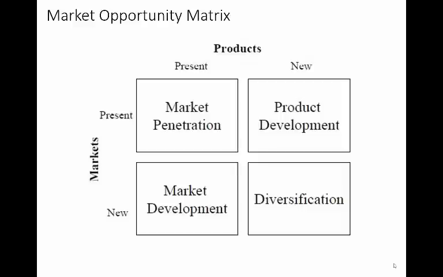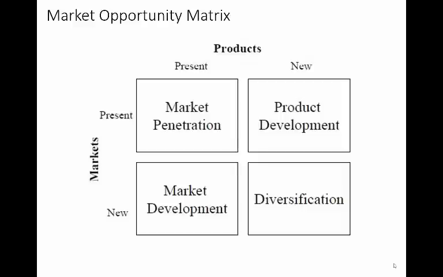And the fourth quadrant is diversification. This means that it is a new target audience for us and a new product. So new, new. Now, a related diversification means it's somehow related to the business that we've been in before. But sometimes we pursue unrelated diversifications, and those diversification strategies can be horizontal or vertical.